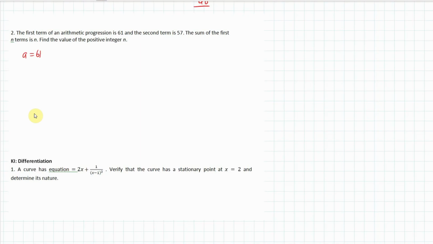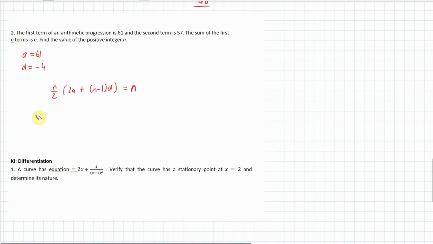We know the second term is 57, so therefore d is equal to negative 4. And we want to know the sum of the first n terms, S_n, and we know that that is n over 2 into 2a plus n minus 1 into d. And we know in this case it is equal to n, so now we can find out what n is.